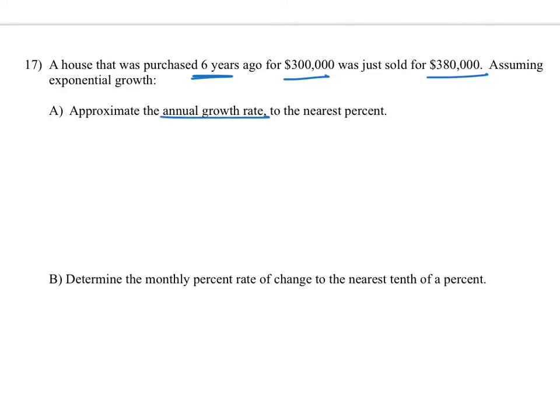We're going to use our annual formula, as a recall: A of t equals the principal times 1 plus the rate. In this case, this is the number I'm looking for. I want to find the r, and I know the t is going to be 6.